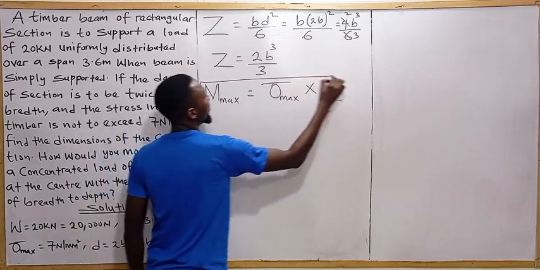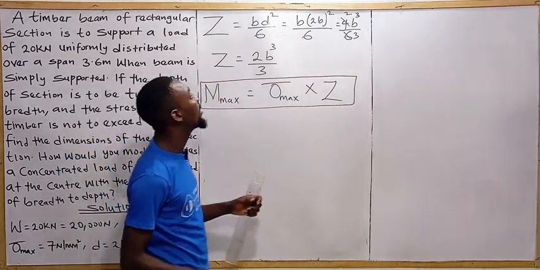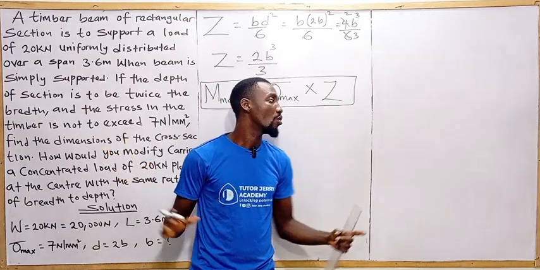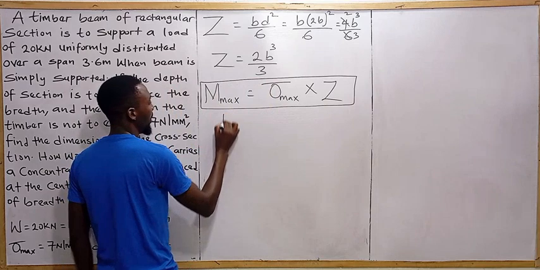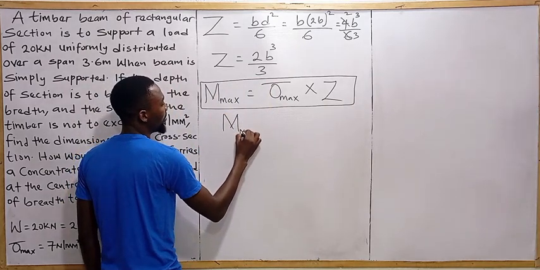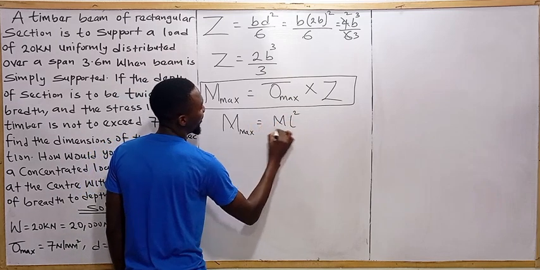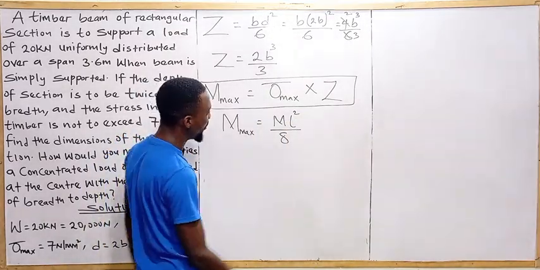Let's keep this here, we are going to be needing this. Now, when the beam is carrying a uniformly distributed load and it is simply supported, we know the formula for our maximum bending moment: WL squared divided by 8.